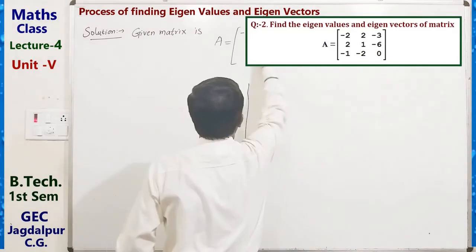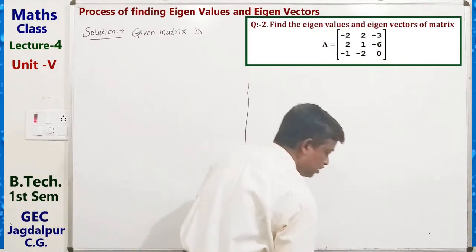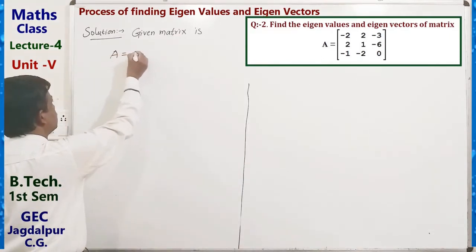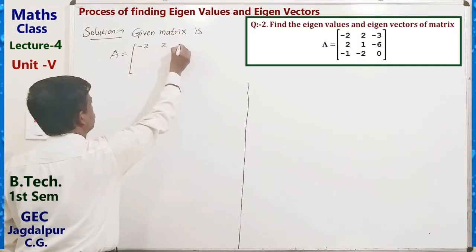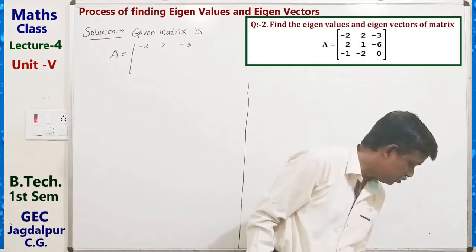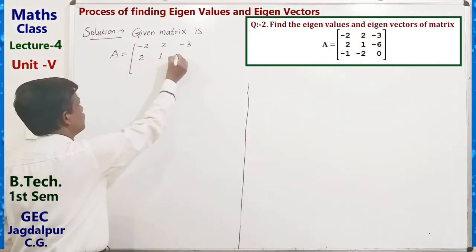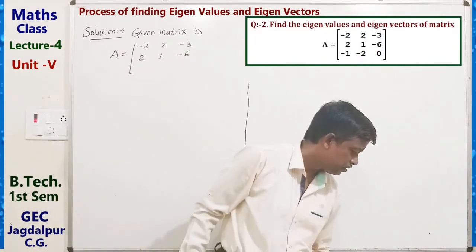Just we can write the matrix here. Minus 2, 2, minus 3. Minus 2, 2, minus 3. 2, 1, minus 6. So 2, 1, minus 6, and also what is given?